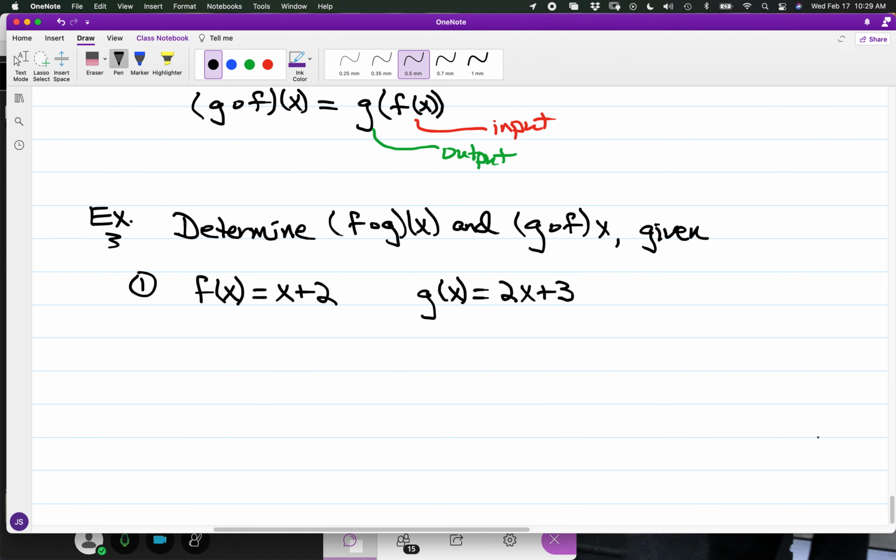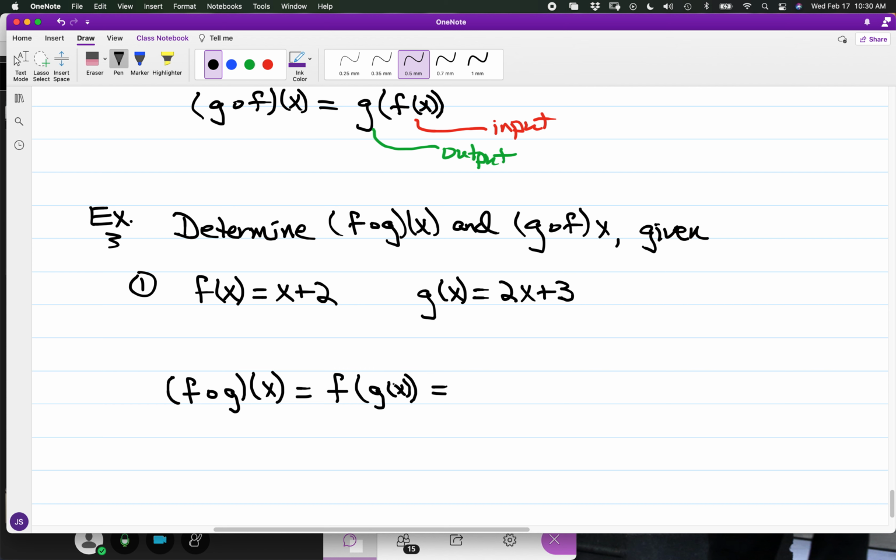Now, at least for the first composition, for f composed with g of x, we're going to have f of g of x, and you could replace the g of x with 2x plus 3 in the parentheses.